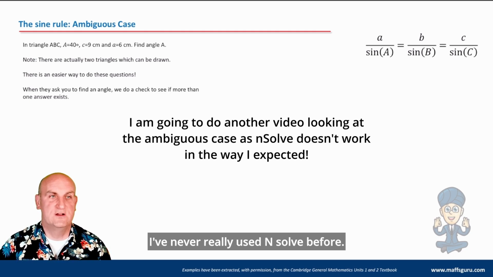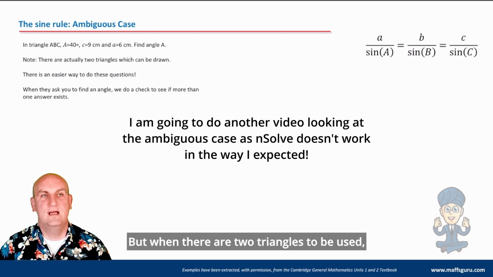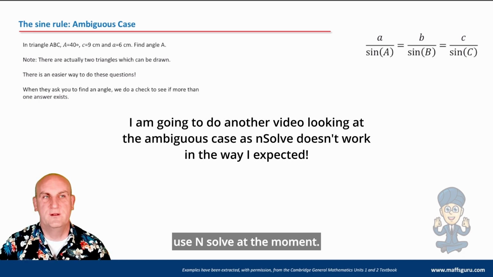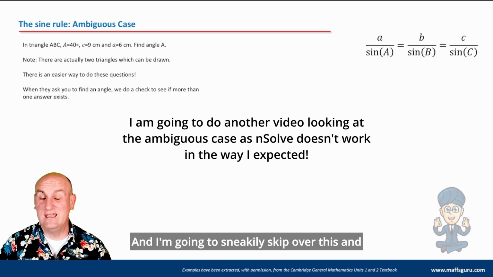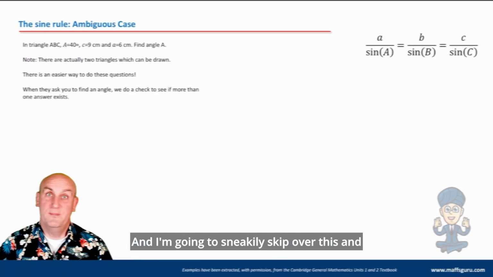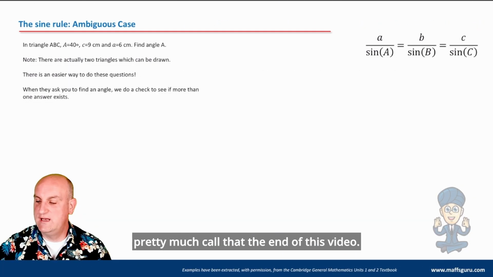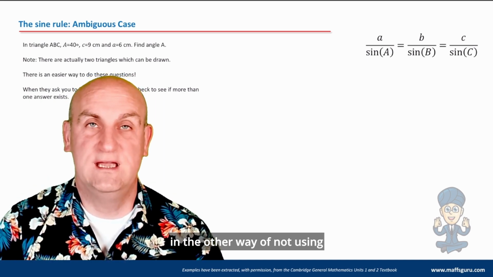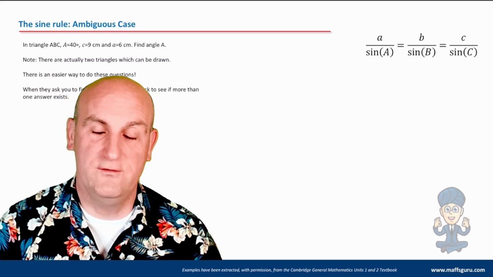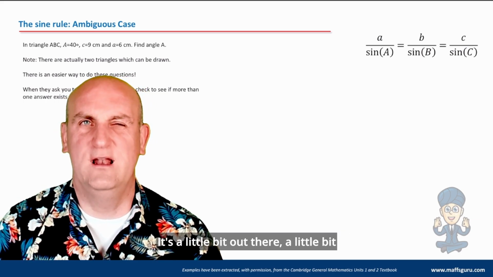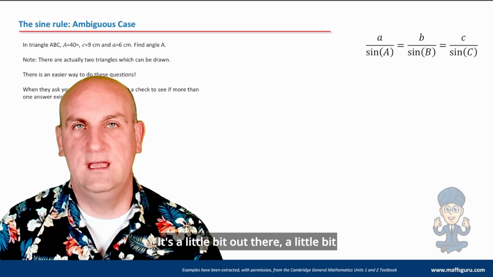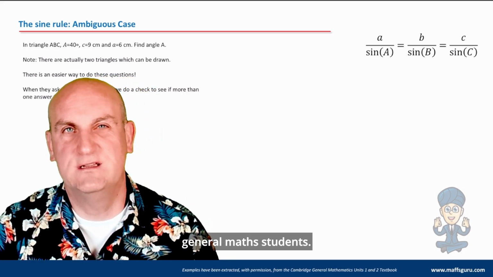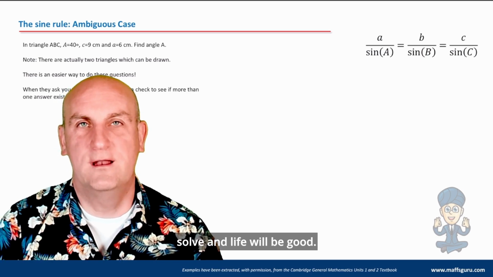I've never really used nsolve before, but when there are two triangles to be used, my view of it is just to use nsolve, and I'm going to sneakily skip over this and call that the end of this video. If you are interested in the ambiguous case in the other way of not using nsolve, then ask your teacher. Hopefully they will be able to explain. It's a little bit out there, a little bit funky, and probably not for most of the general maths students. So don't worry about it, just use the nsolve and life will be good.